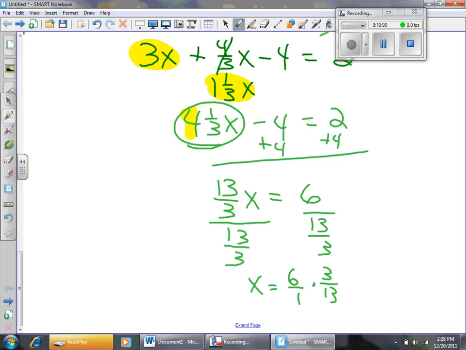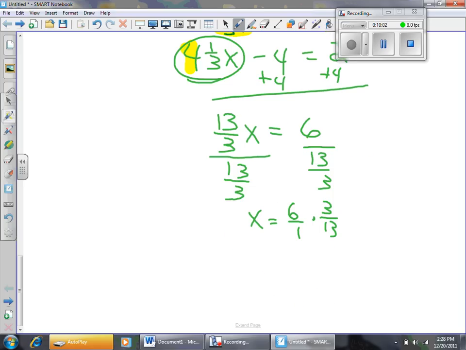All right, when I do that, I don't see anything that's going to cancel. x is going to end up equaling 18 over 13, or 1 5/13, right? Yeah, I think so. Okay, so that's what x equals. Now I have to figure out what y equals.